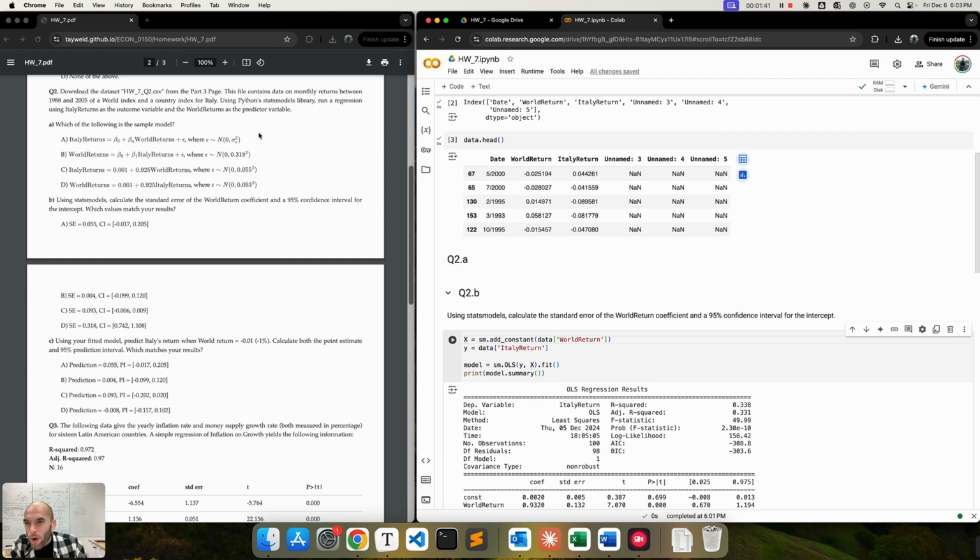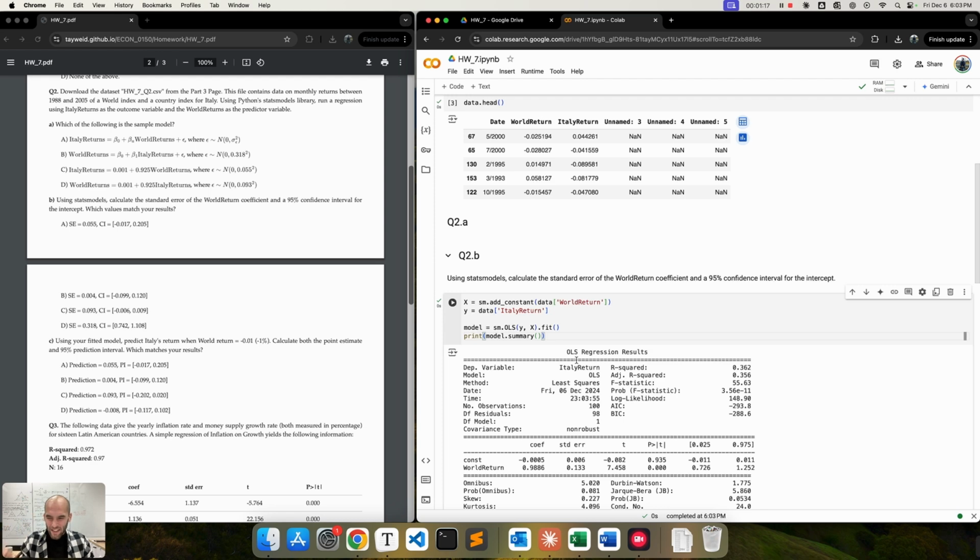And then for our predictor variable, we have world returns. So we have data and world returns. And we want an intercept, so we're going to add a constant. Okay, and you could show this if you like, but we're just going to take these x's and y's and put them into our model and fit it. And then we'll just print this out.